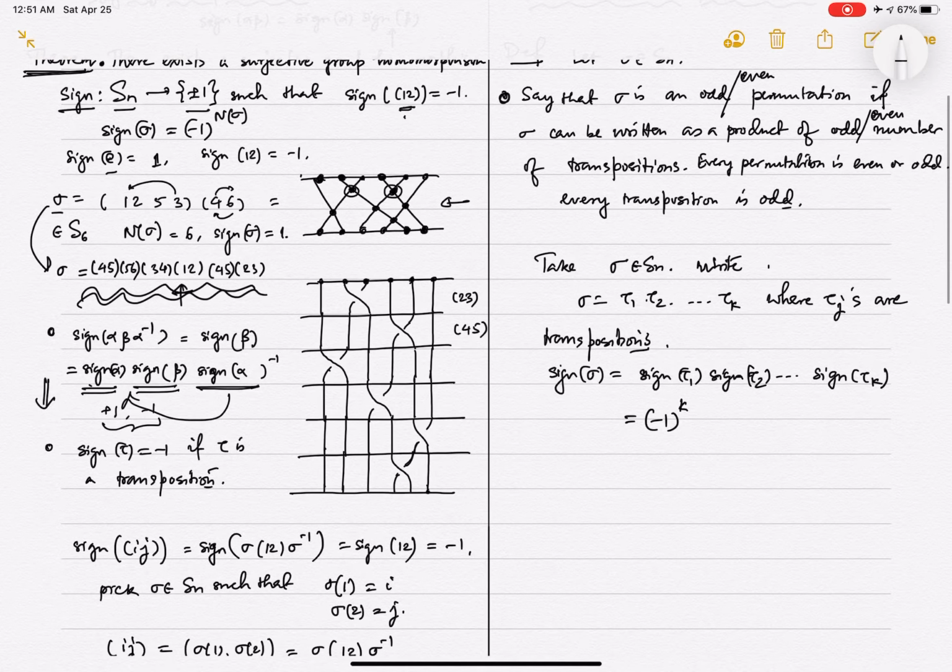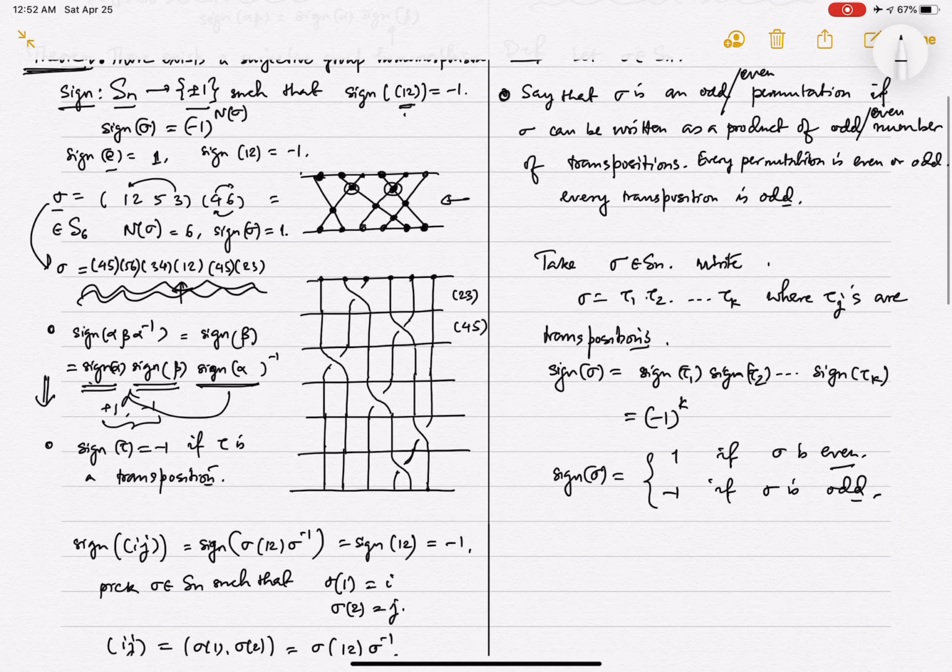It tells you the sign is 1 if k is even, and if k is even, we call sigma even, if you can write it as a product of an even number of transpositions. And it's minus 1 if sigma is odd.